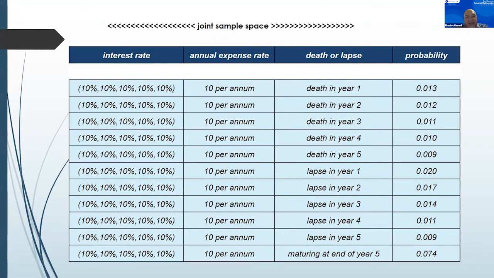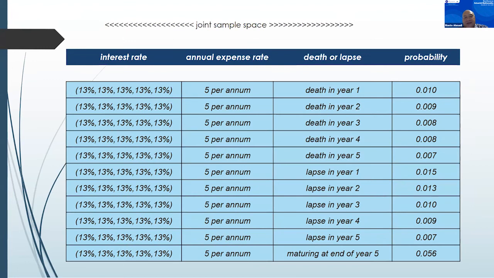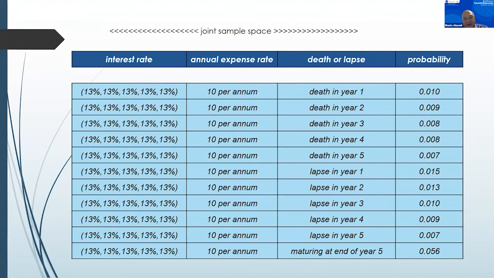We have the combination of an interest rate of 10% per year and an expense of 10 units per annum, and death, lapse, and maturing the same as before. And next. Here we have the 13% interest rate combinations. We can continue to the next slides.